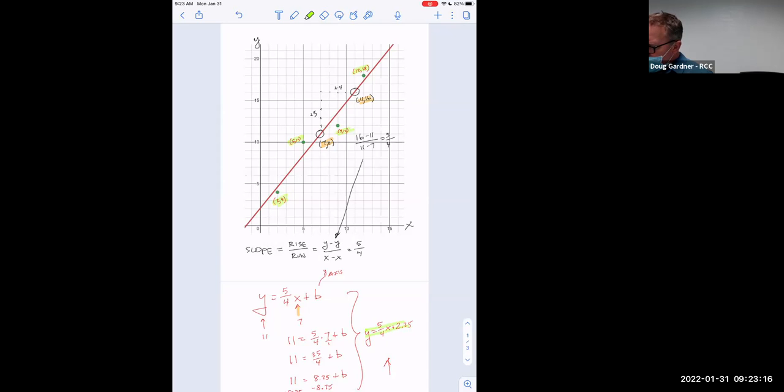So notice what I got for my equation. I got 1.276 for the A, the slope here, and then my B, I got 2.07, I guess.